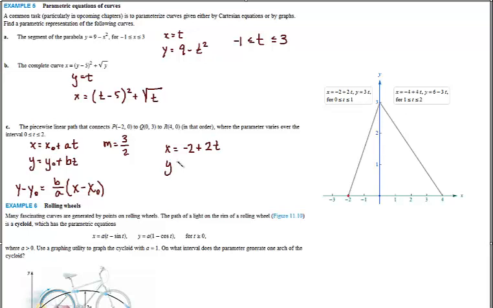Our y value, we're going to write this one as our y naught for this point, which would be 0, and then our b part is plus 3t, and that is where they got the parameters for this part of the graph.